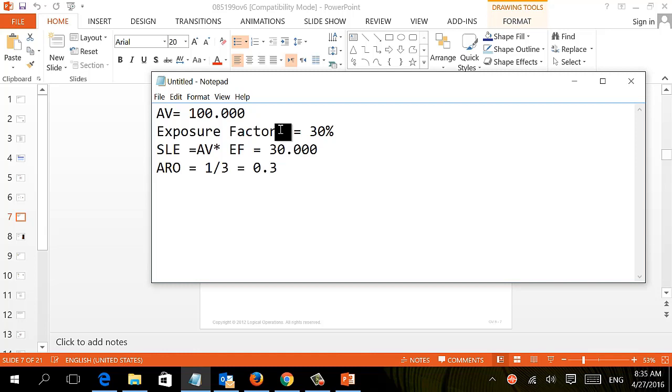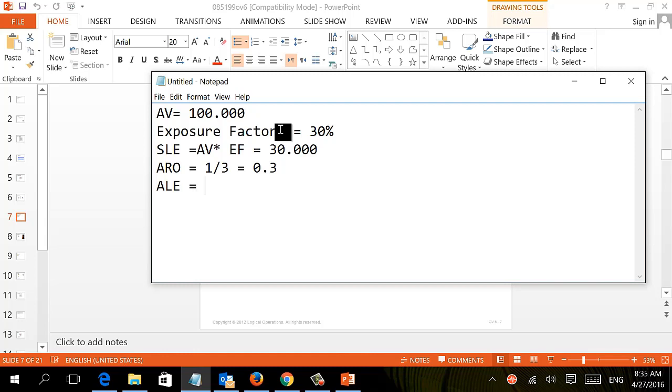Now, the last formula that you need to calculate. You have 3 inputs and 2 formulas you need to memorize. The inputs given to you will be the AV, the assets value; the exposure factor, which is the amount of damage that will happen if any vulnerability took place; and the ARO, the annual rate of occurrence. And we should end up with ALE, annual loss expectancy.